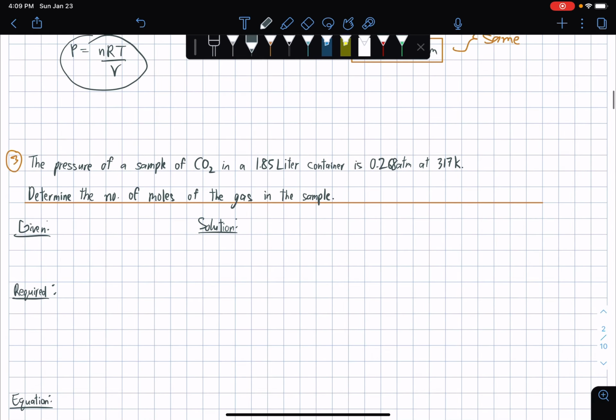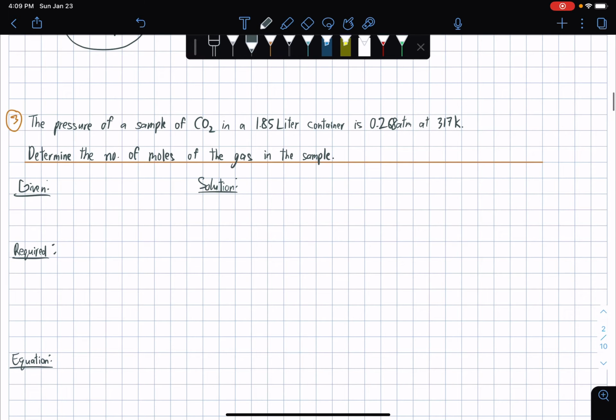So for number 3, let's continue with number 3. The pressure of a sample of carbon dioxide in a 1.85 liter container is 0.268 atmosphere at 317 Kelvin. So for our given, let's enlist again. We know P, V, R, and T. For pressure, we are provided 0.268 atmosphere.